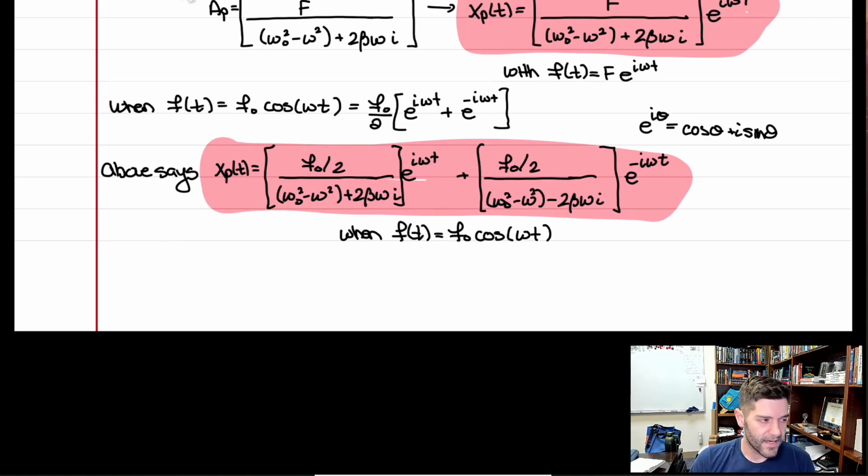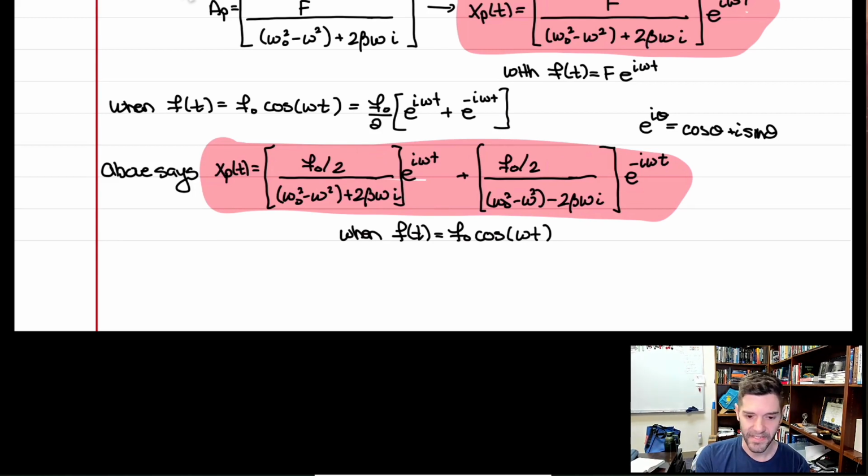Now the thing that's not obvious right away is whether or not this thing I've just highlighted is a real function. I plugged in f naught cosine of omega t on the right-hand side. That is a real function, so I should expect that the solution is also real. Though in this case, there's all these i's flying around.